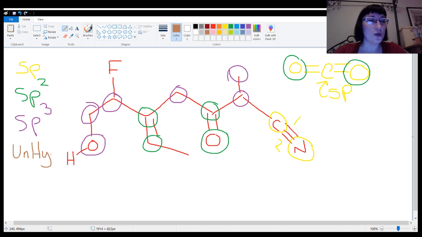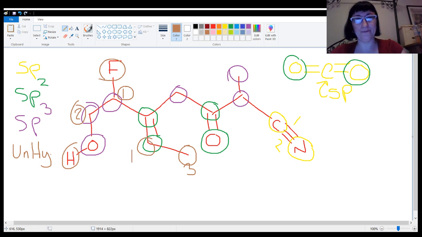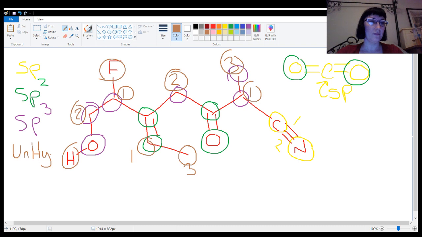So unhybridized, that has 2. That one doesn't hybridize. There's a hydrogen on there. There's 3 on there. 1 there. 2, 3. There's another one attached there. So add those up.